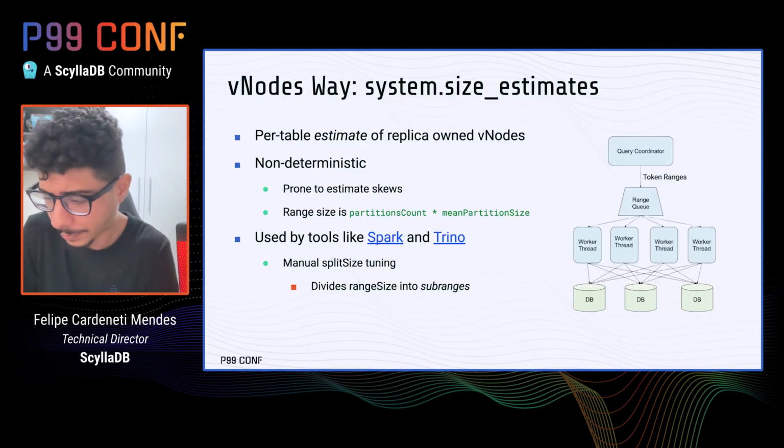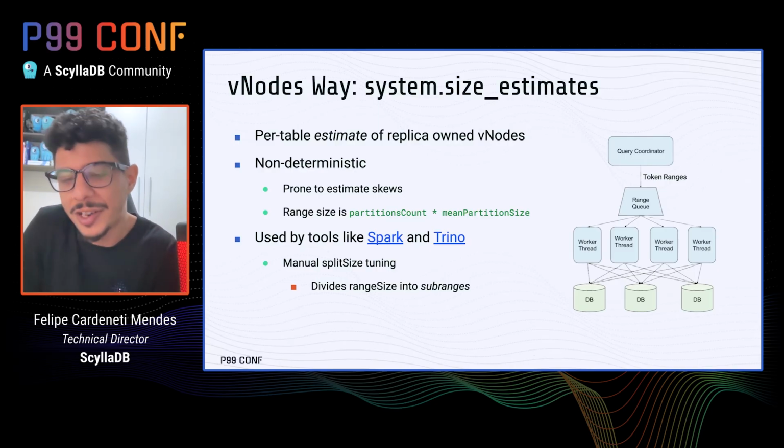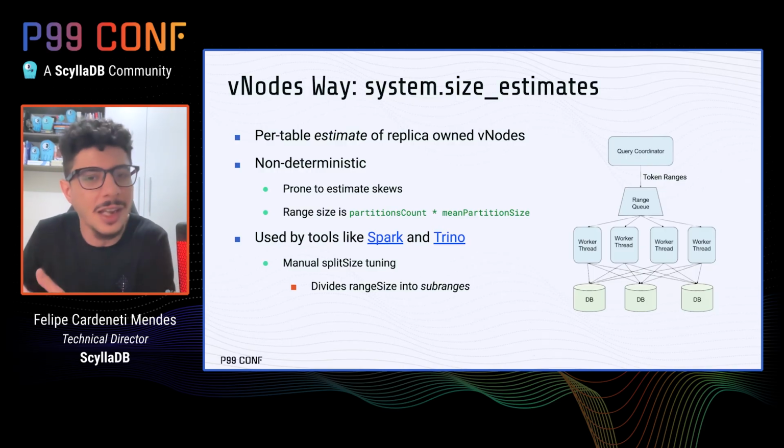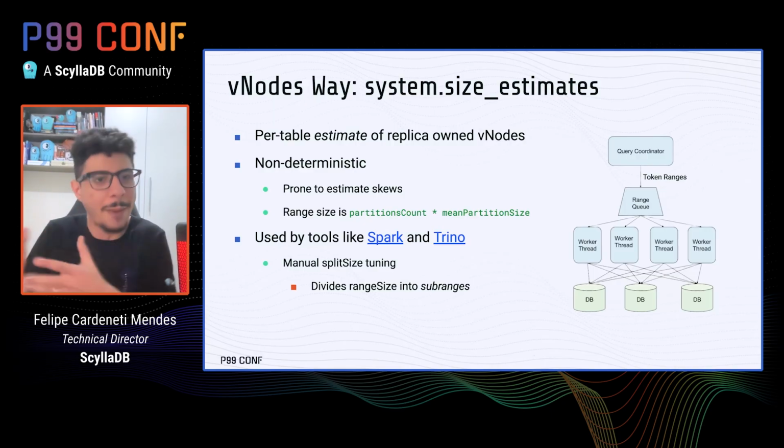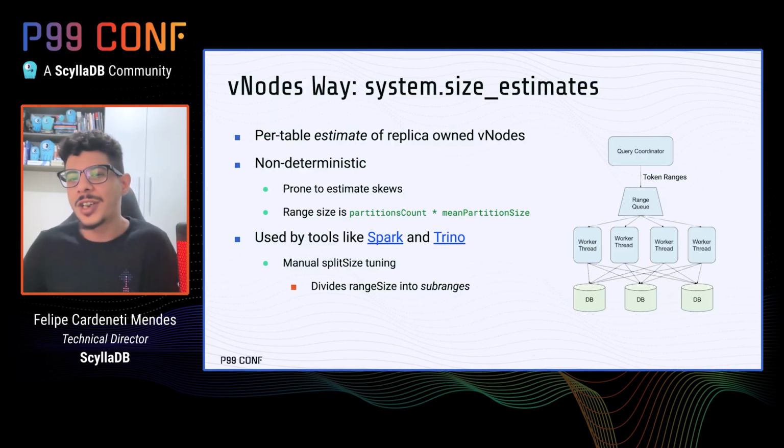And the reason is quite simple for us to reason about, really. First, one of the problems with estimates is that they are very prone to skews, as it depends on how timely and accurate those replica samples are, which is really a hard thing to do in an LSM-based storage engine.